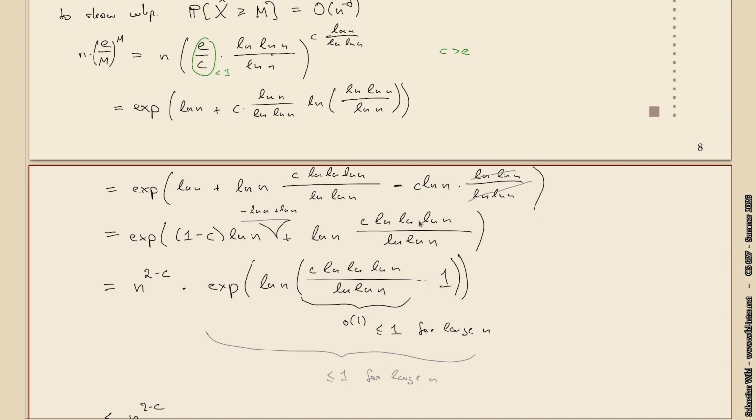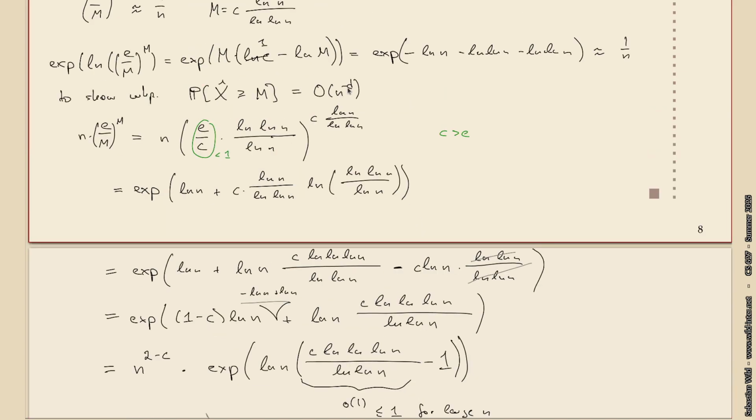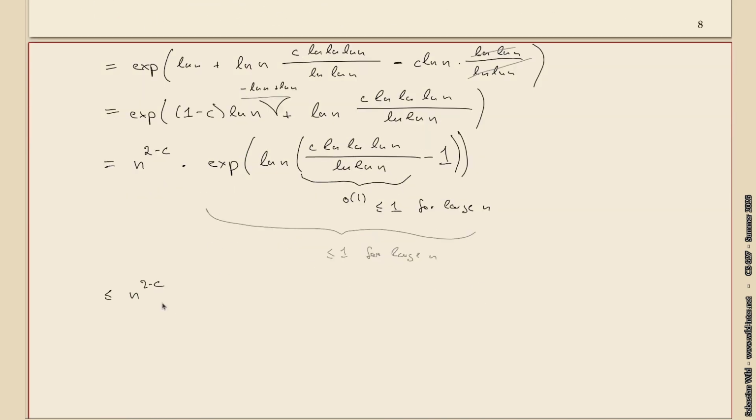And that's what we've shown here. So whatever d you want here, you can pick a c large enough, if you pick a c greater than d plus 2.